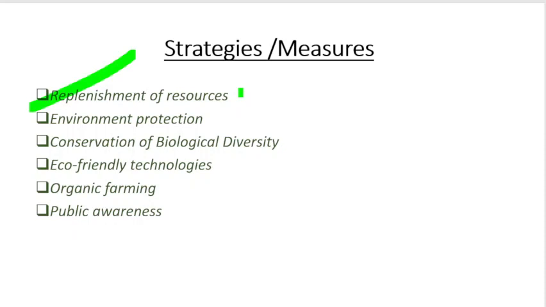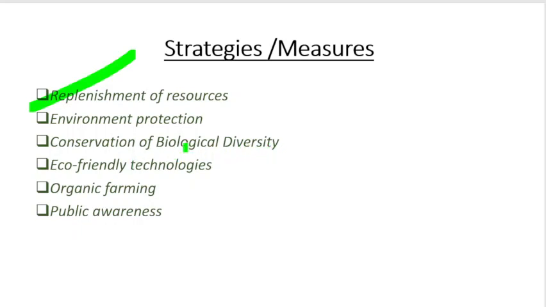So we must not reach that point. Instead, we start planning how we can refill these resources, or what can be the alternative resources from where we can continue the development of our country. Then environmental protection, we must make such norms, rules and regulations, and we must abide by them so that the environment can be protected.